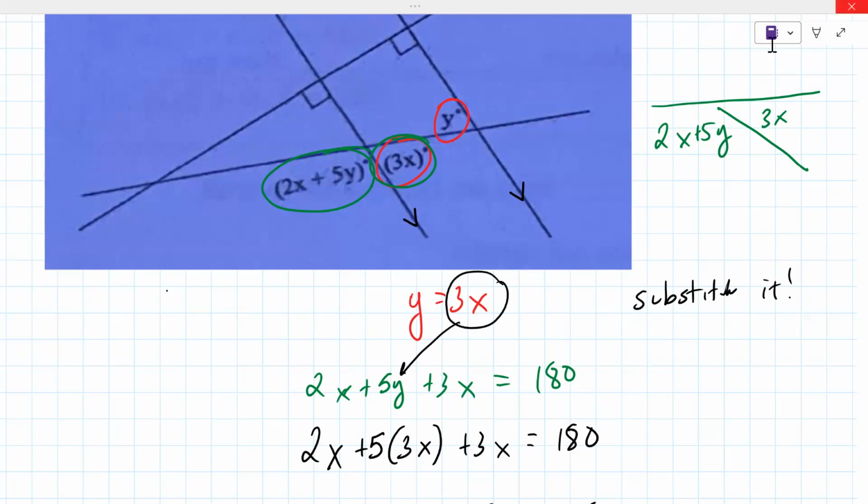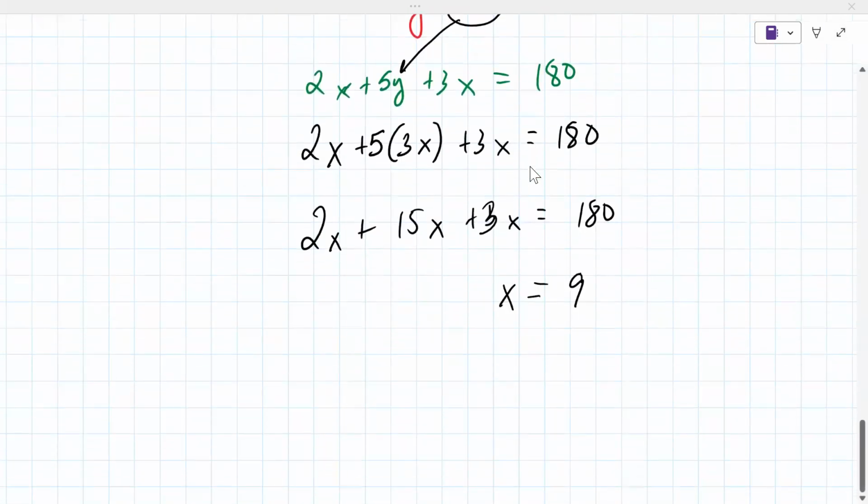Okay, so y is 27. Very good. And that's all it's asking for.